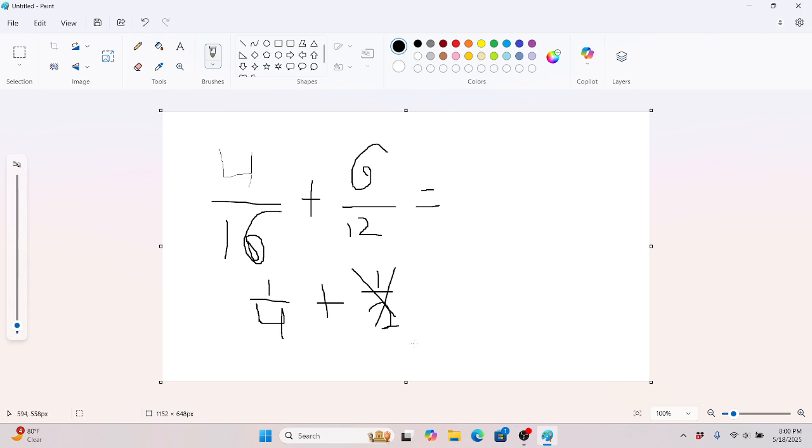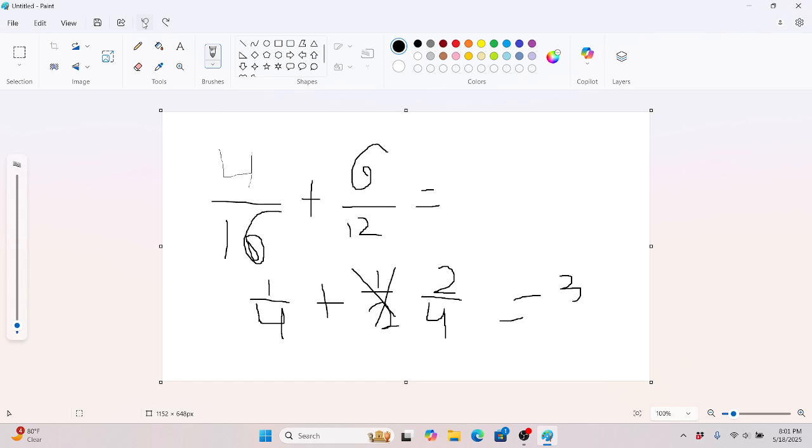It's twice. 2 times 2 is 4. So you change it to 4. Since you did it twice, that number 1 times 2 is 2. So it's 2 fourths plus 1 fourth equals 3 fourths. So 4 sixteenths plus 6 twelfths equals 3 fourths.